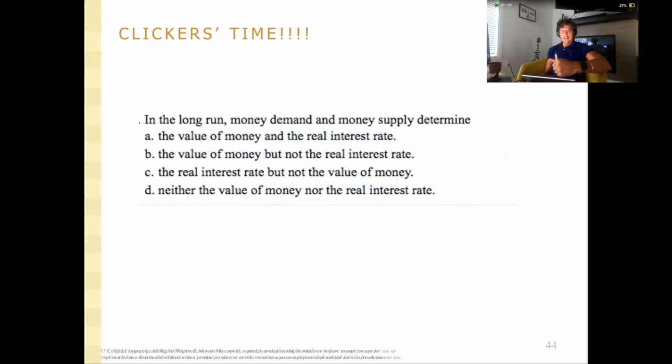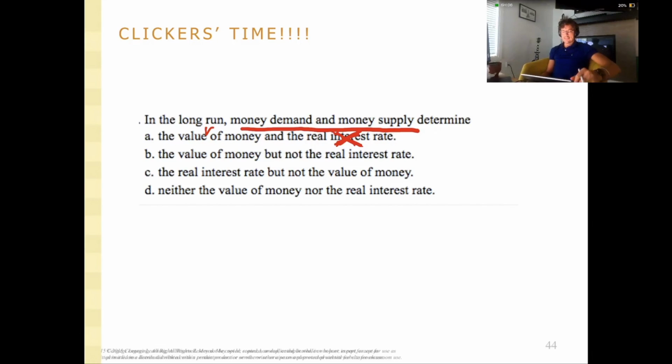let me go back. In the long run, money demand and money supply determine the value of money, yes. The real interest rate, no. The real interest rate is measured in terms of the purchasing power of your balances in the bank. So it's a relative price.